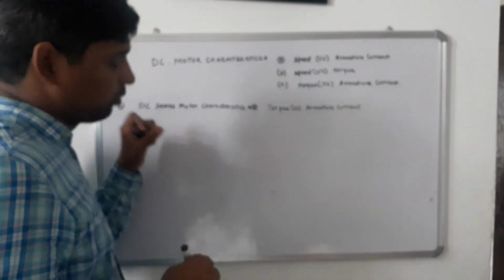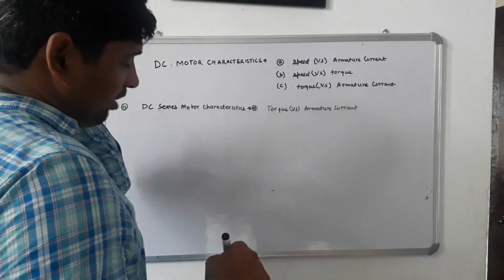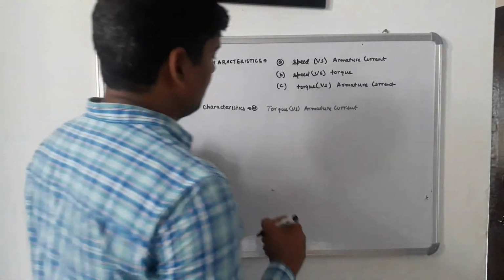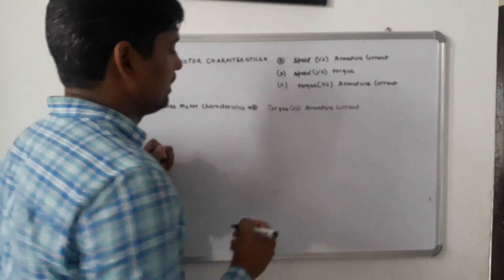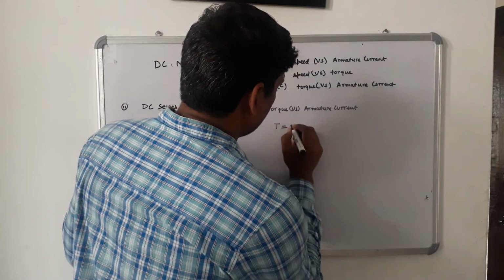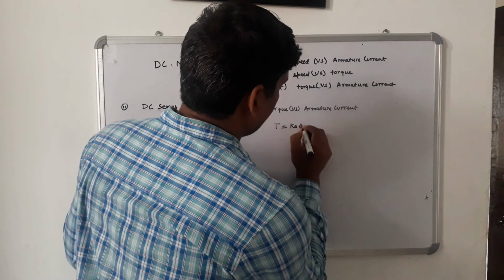Here we have to take two cases, at a low value of IA and a high value of IA. We rewrite the torque equation, T is equal to Ka phi IA.